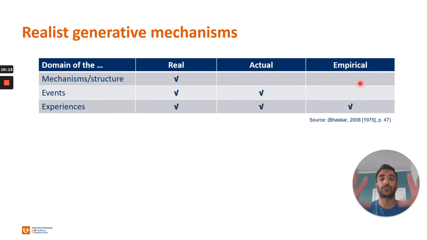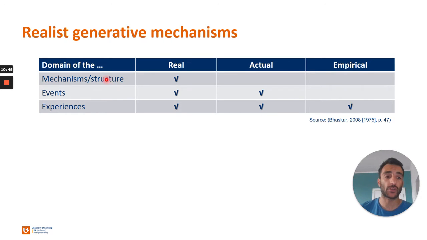And actually, these are the three stratified, three ontological strata of reality. So according to realism, reality is ontologically stratified in three domains. And so the empirical is the one that we see. These are our experiences, right? The empirical are the experiences, the actual are the events which we experience, and the mechanisms or the structures are causing these, generating these events in the domain of the actual.